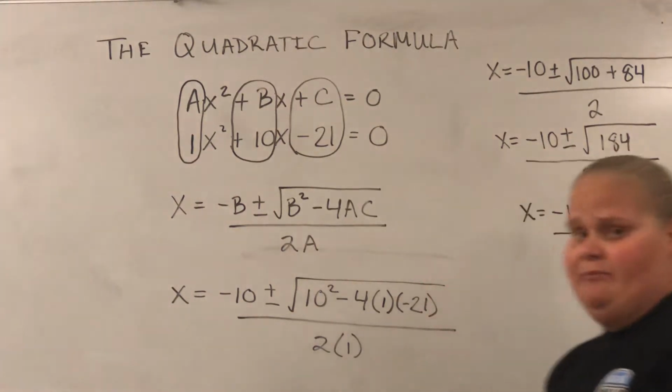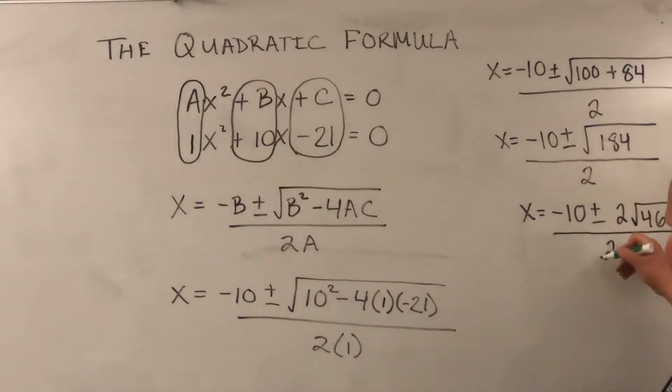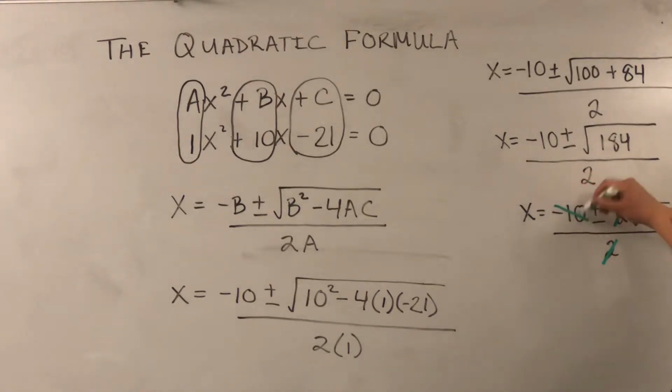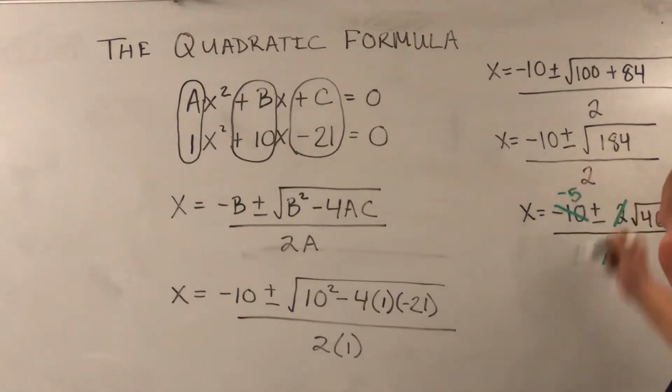So what I'm going to do is simplify. Everything's even. If I divide 2 by itself, that becomes 1. This 2 also becomes 1. If I divide negative 10 by 2, this becomes negative 5.